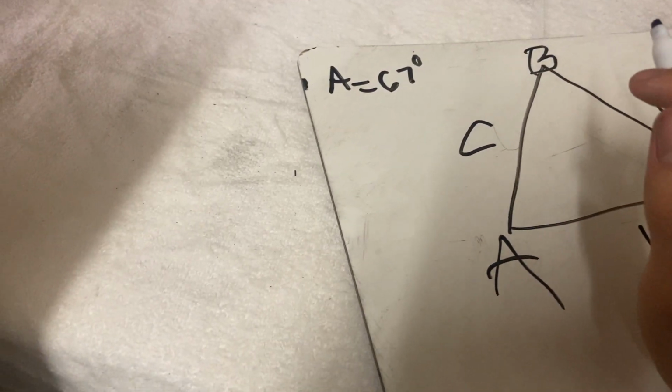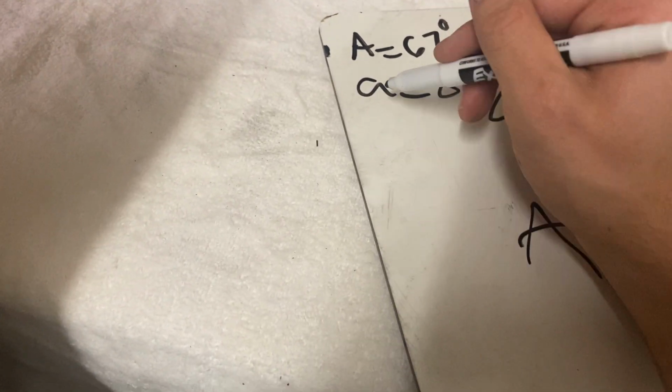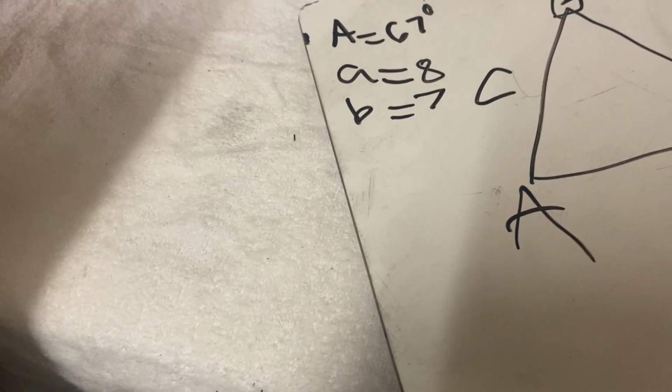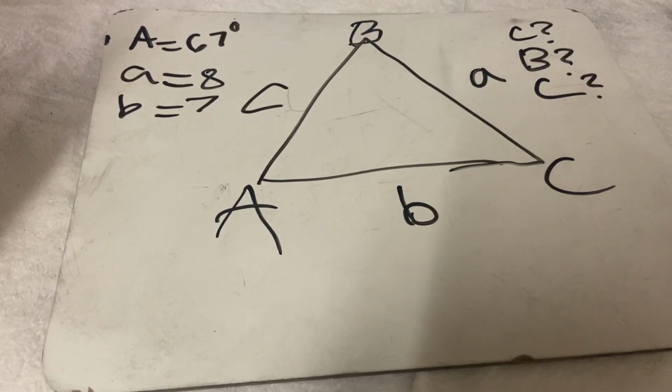Let's say A is 67, and then lowercase a is 8, and lowercase b is 7. But we don't know what c is, or uppercase B, or uppercase C. That's what we're trying to find in this problem.